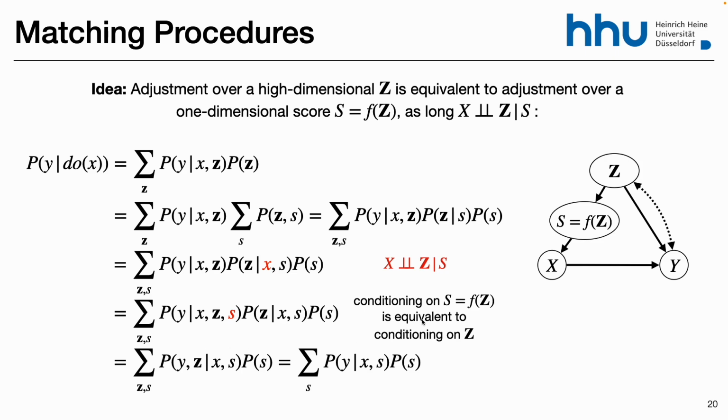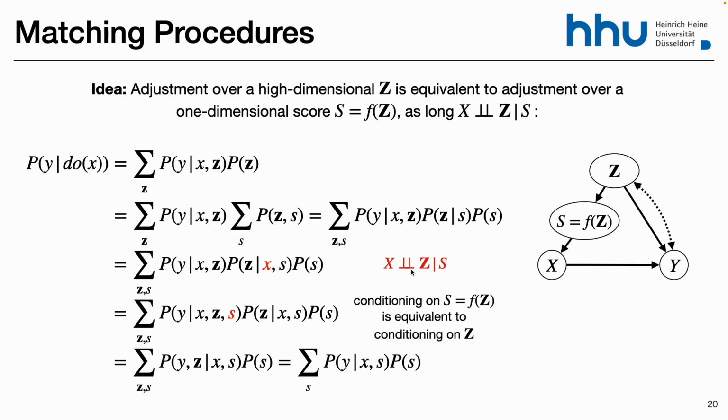So conditioning on S is equivalent to conditioning on Z. So you can add here the S. And with this, these two terms together are now just the joint of Y and Z. And I'm summing over Z, so I can remove the Z and then get just the intervention, the adjustment over S.